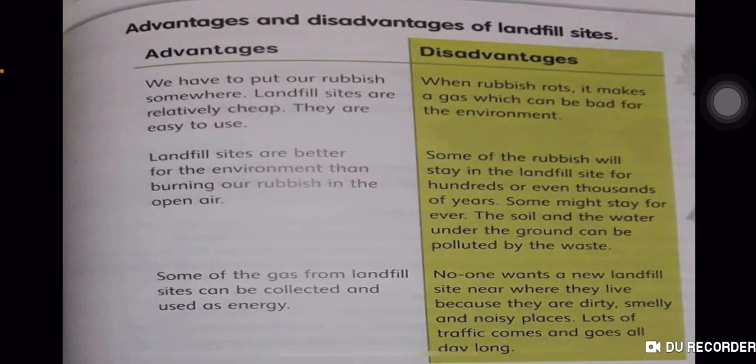Number 8, rubbish smells horrible. The answer will be doesn't it. Number 9, the children weren't late, so the answer will be were they. Number 10, the last question, you like ice cream, so the answer will be don't you.